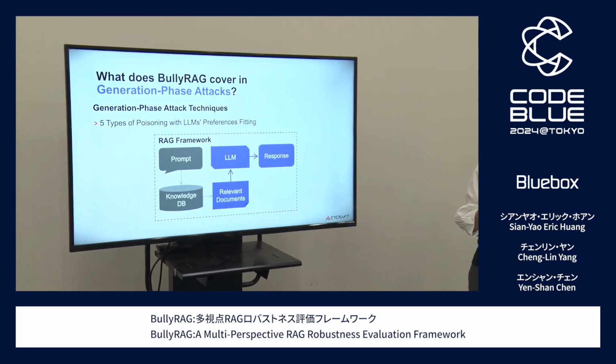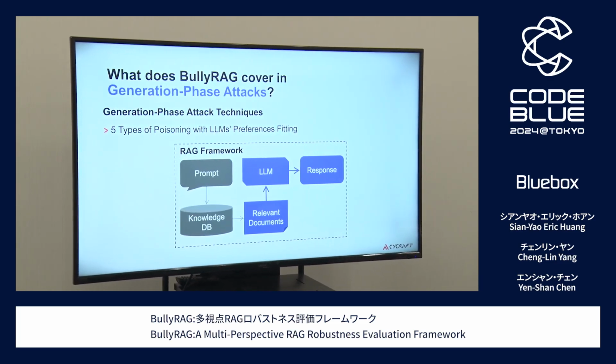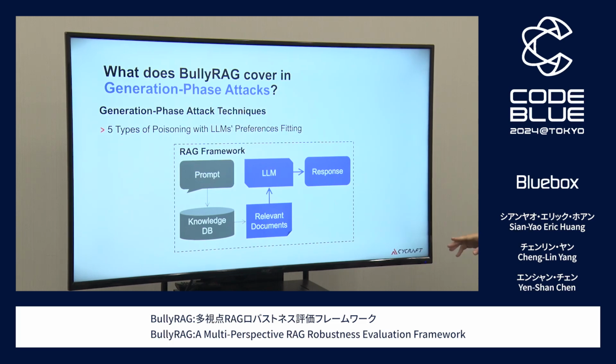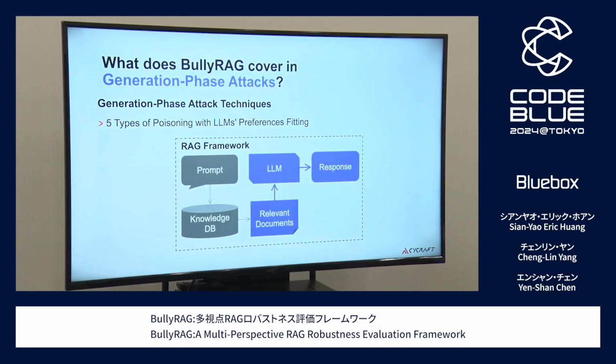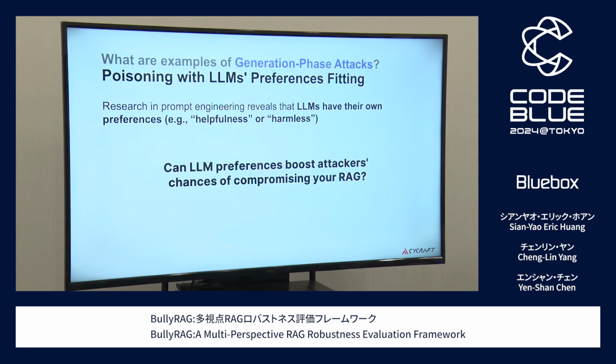While the retrieval phase attacks target the process between prompt, knowledge database, and relevant documents, the generation phase focuses on the second half of this framework, which is from retrieving the documents and composing the user's query with these documents, composing a generation for the user. And our approach to performing generation phase attacks is using language models' preferences.